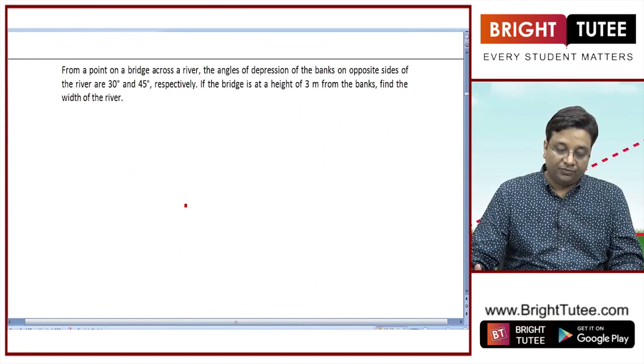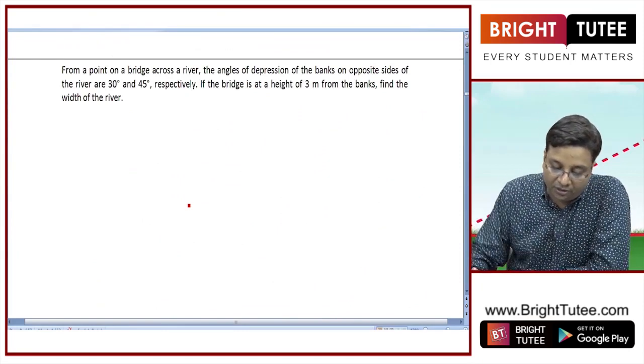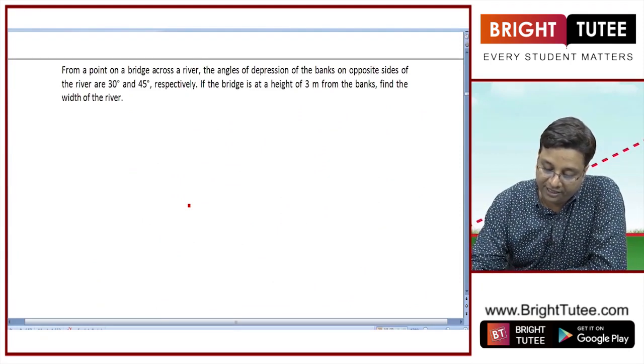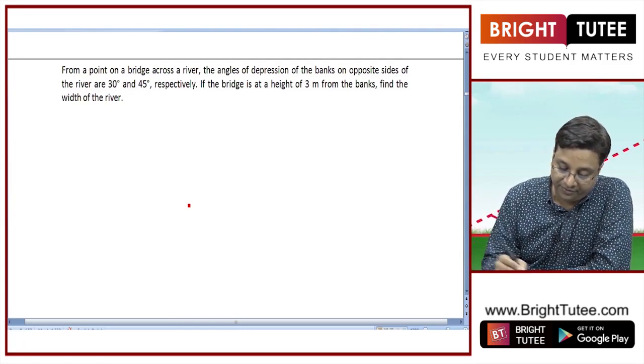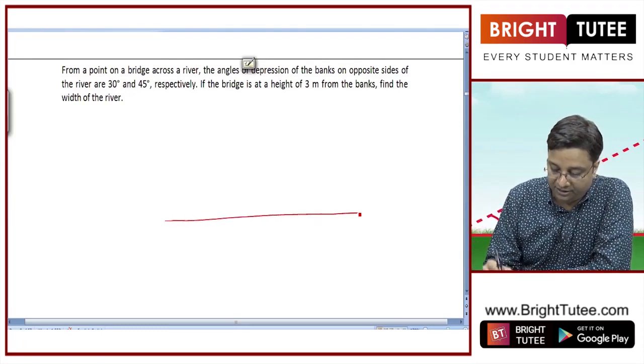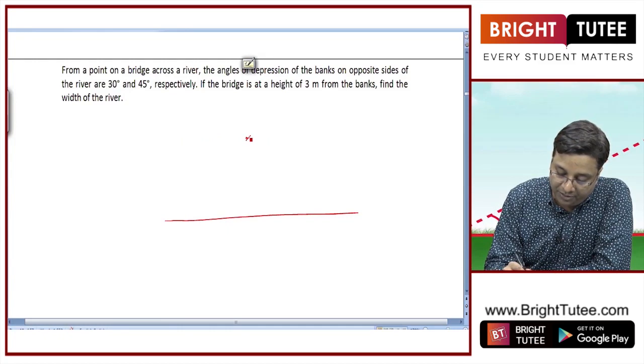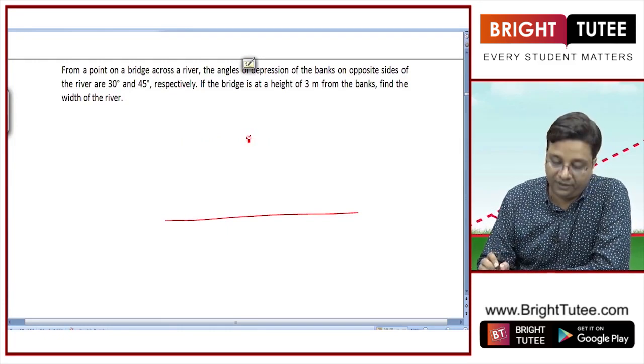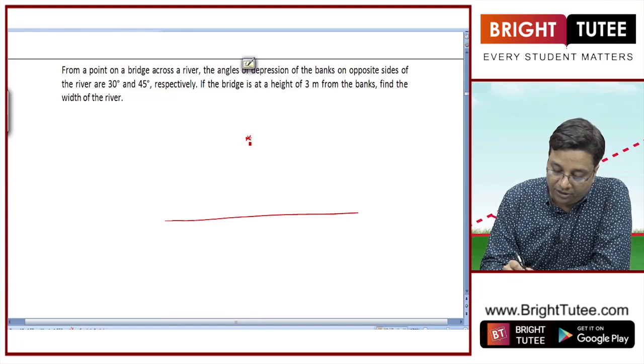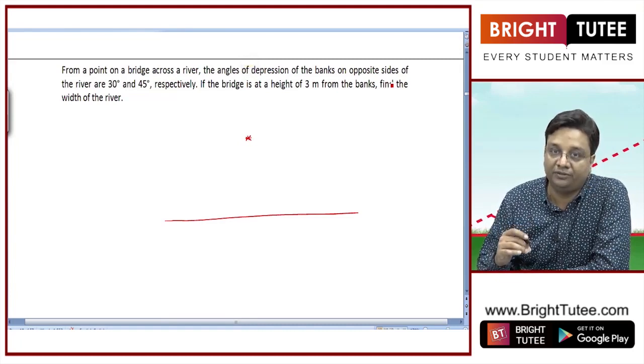All right. So from a point on a bridge across a river, the angles of depression of the banks on the opposite side of the river are 30 degrees and 45 degrees. Let us say this is the river here, and there is a bridge crossing this river. So from a point on the bridge, the angle of depression of the banks on the opposite sides of the river.